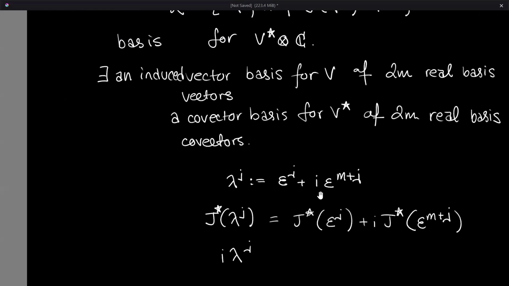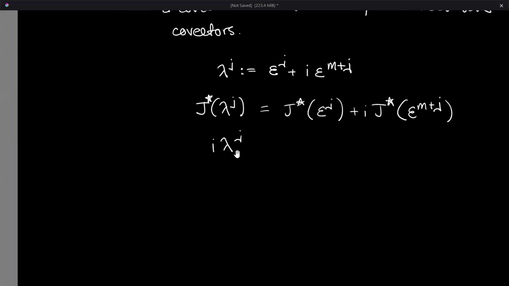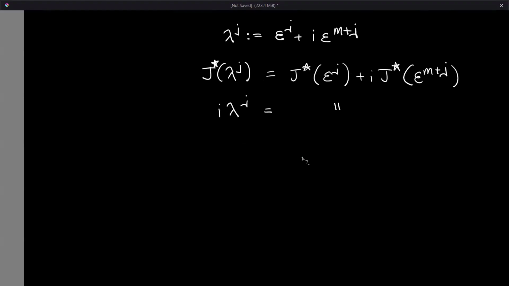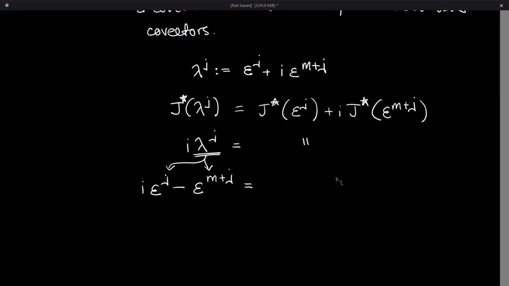Remember, lambda j satisfies this equation. So therefore, we can write this is equal to J star of lambda j. Well, it's the same thing, so I'm just going to write that. We haven't done anything on the other side yet. i epsilon j minus epsilon m plus j. So now we've applied them. Okay, so here what I've done is I've taken lambda j and I've expanded it out into terms, and then we've multiplied out everything.